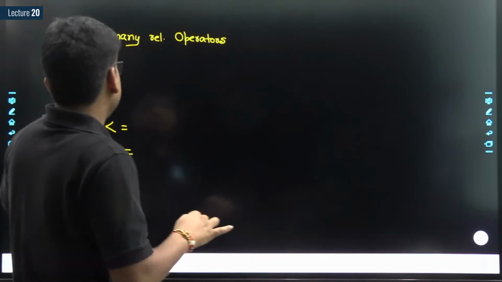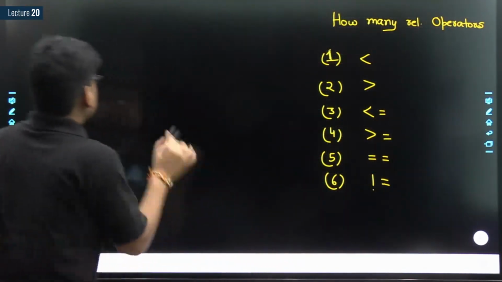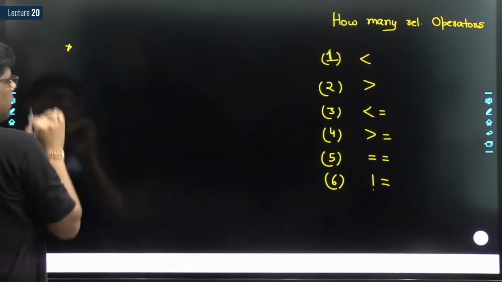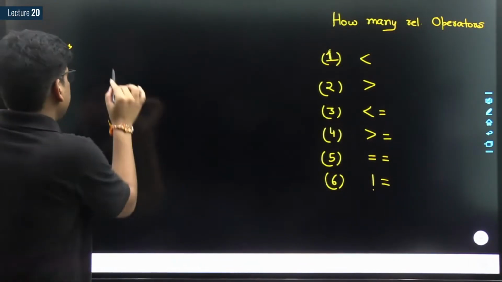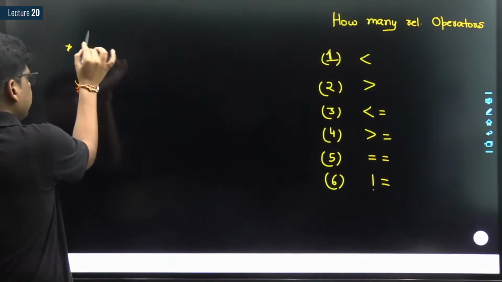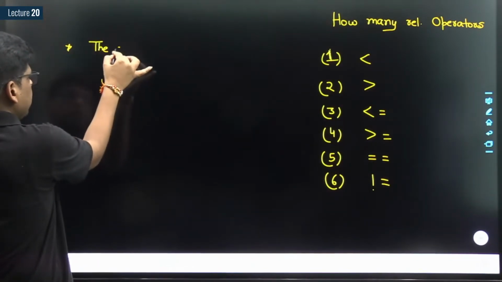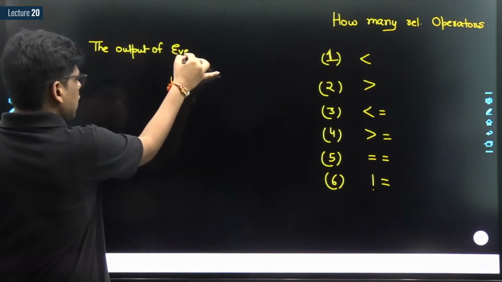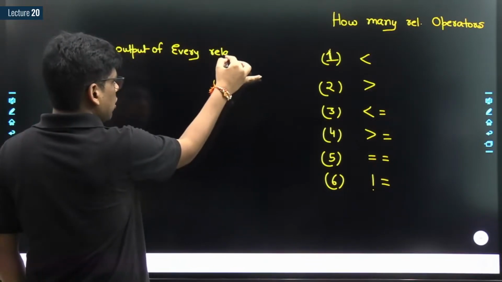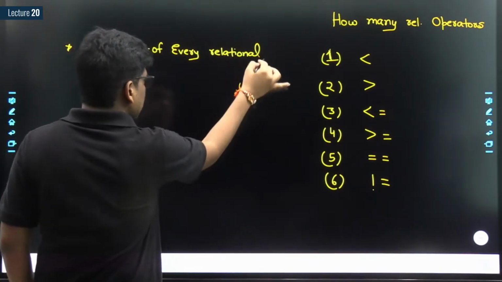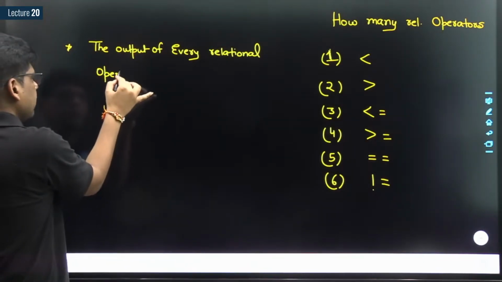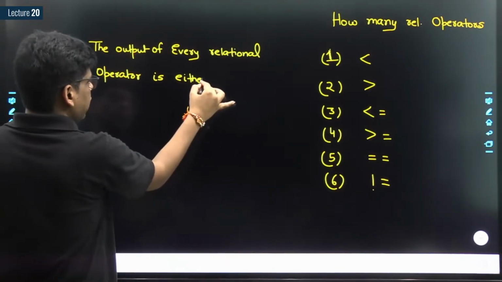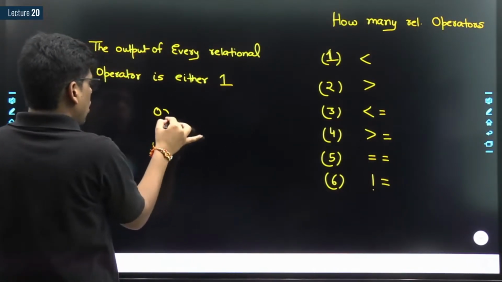What is the output of relational operator? Always remember, this is important, please note it down. The output of every relational operator is either 1 or 0.